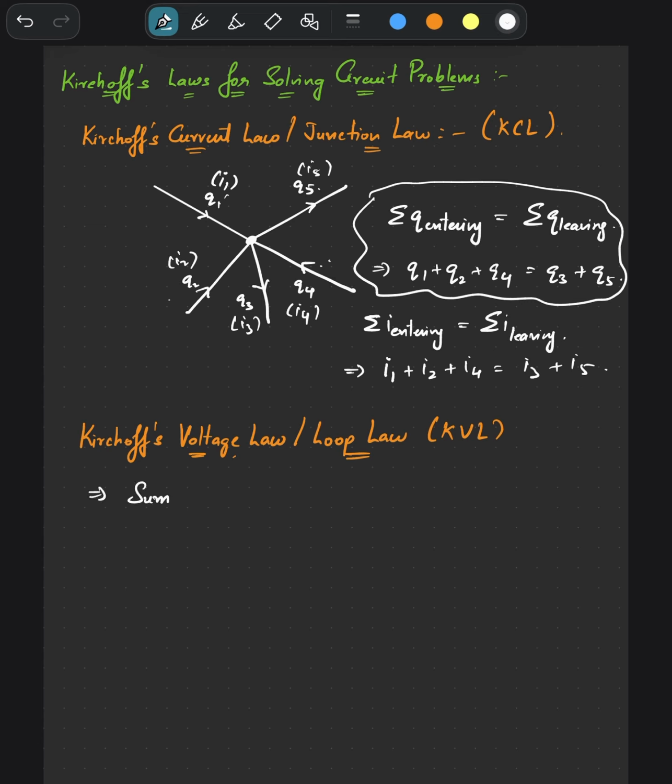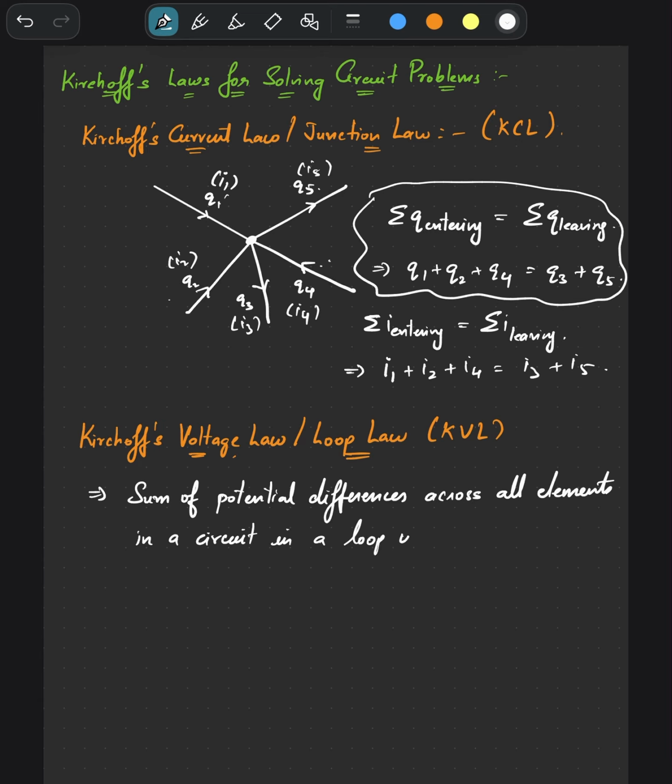Sum of potential differences across all elements in a circuit in a loop will be equal to 0, right?